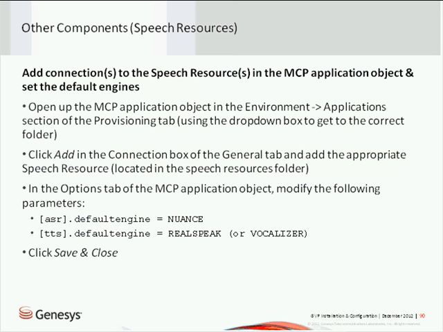You should also set the default engine on your MCP to the actual name that you used for your resources. This may or may not cause problems if you don't do that, since it will try and open up a speech resource called default. Then it will open up a speech resource called nuance, and weird things have happened in the past, although I think we've got most of that stuff worked out.